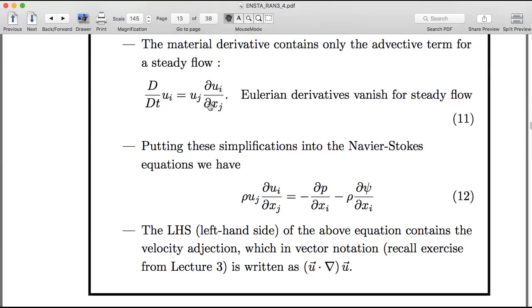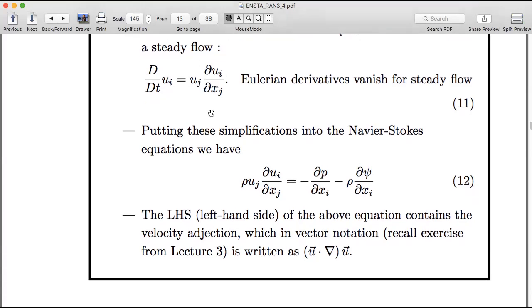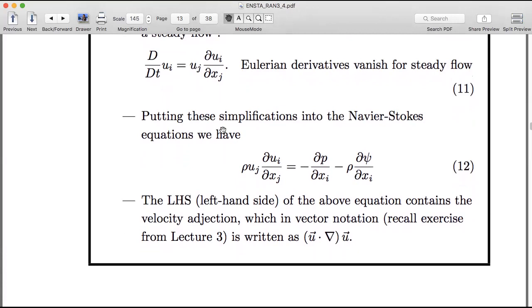Remember, there were two parts, the Eulerian and the advective. We're saying the Eulerian part is equal to 0, so we're only left with the advection. So let's put all those simplifications into our Navier-Stokes equations, and we have the following.